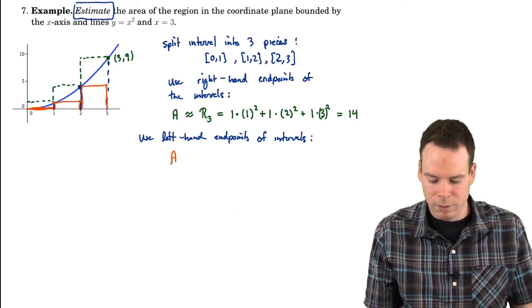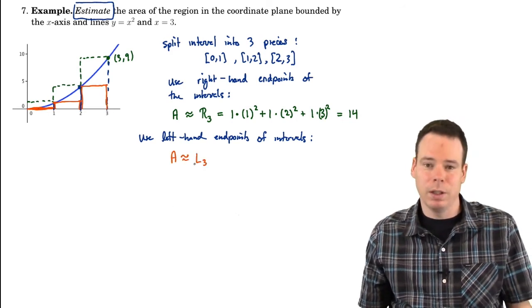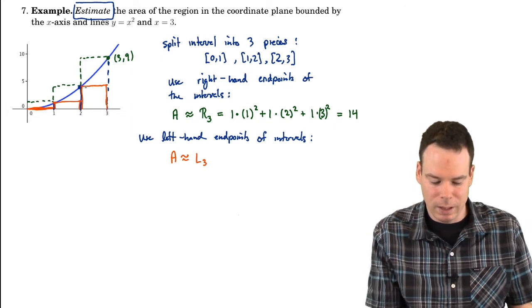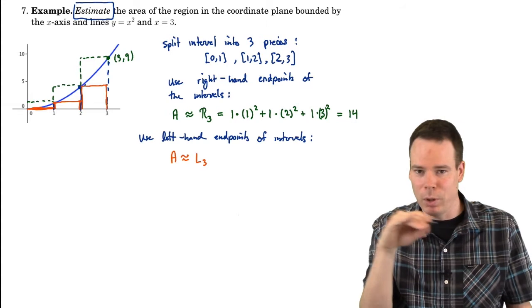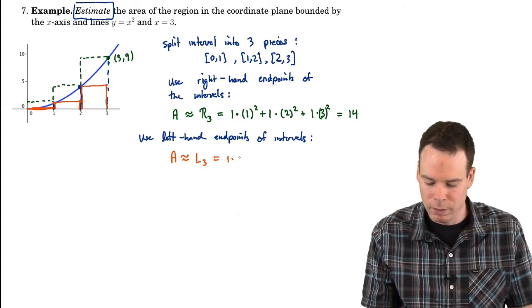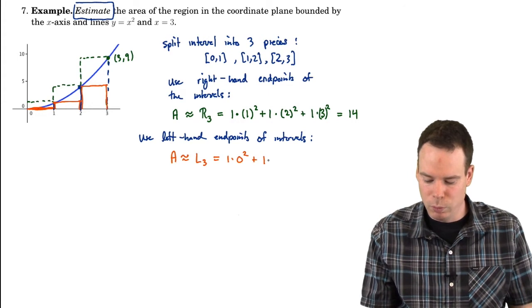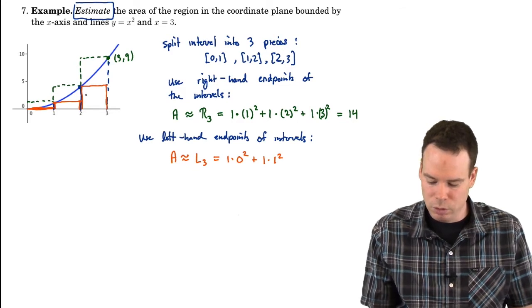So the actual area under the curve, we could approximate it by L sub 3, meaning that we're now using the left-hand endpoints of each interval as the place where we cap off that rectangle for the height. So this is going to be 1 times 0 squared, plus 1 times 1 squared being the height of the second rectangle. The third rectangle has height 2 squared.